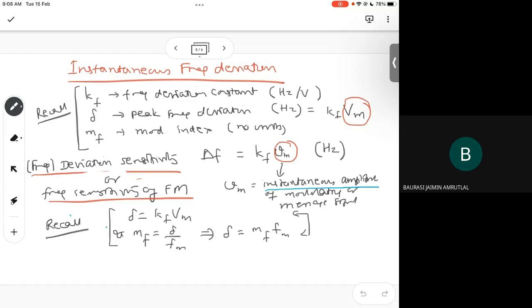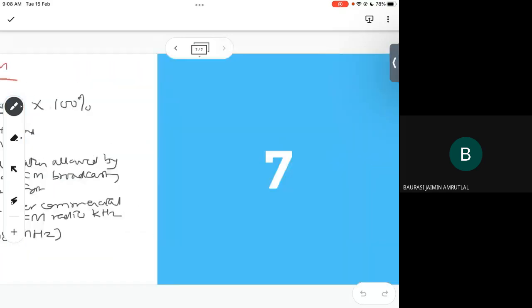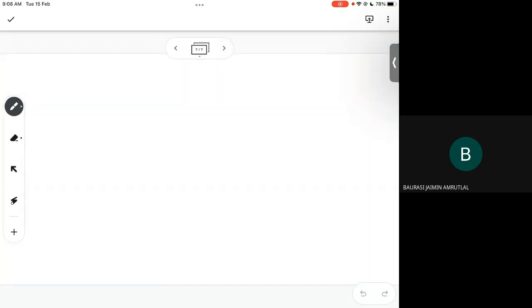Now I introduce one more parameter, which is equally important, and this is the last parameter: what we call the deviation ratio. It is not that useful a parameter, but it is also equally important.